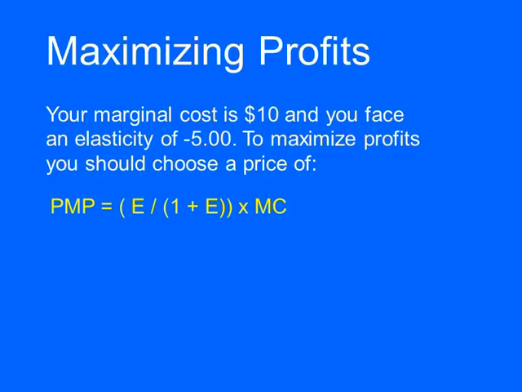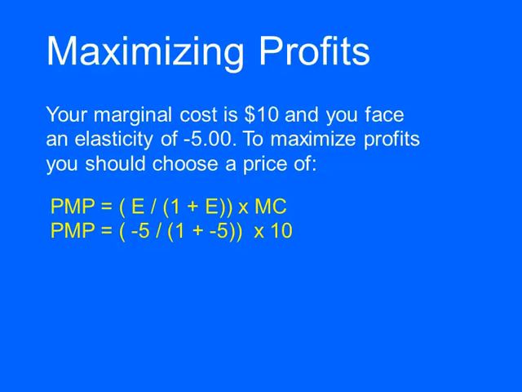So let's say we have this formula, which is the elasticity divided by 1 plus the elasticity, come up with an answer, then multiply that times your marginal cost. So as long as you're careful about the order of operations, we're only dealing with ones and pluses and one multiplication, you should be okay. So let's set up this formula.